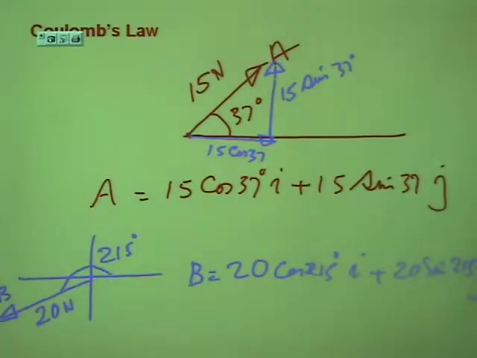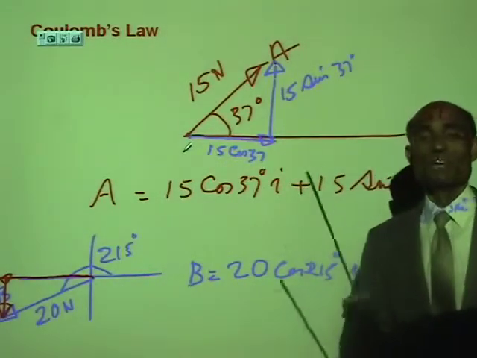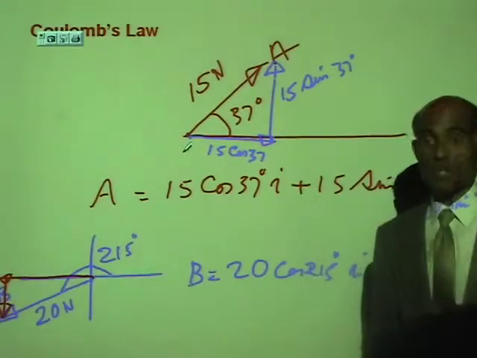In other words, this is now the x component and this is your y component. Now you must be very familiar with how to add vectors like this, because this is the only way we can add forces acting on an electric charge.